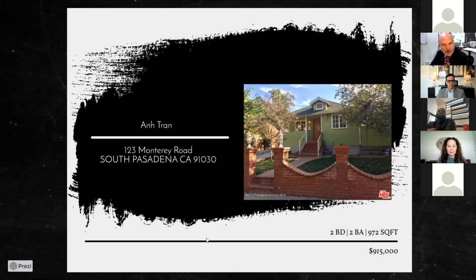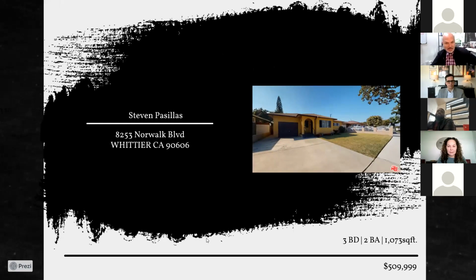In South Pasadena on Monterey Road, a 2-bedroom, 2-bath, 972 square feet for $915,000. I'm sure it's in a great area and there's upside to add square footage, is my assertion, for almost $1,000 a square foot.